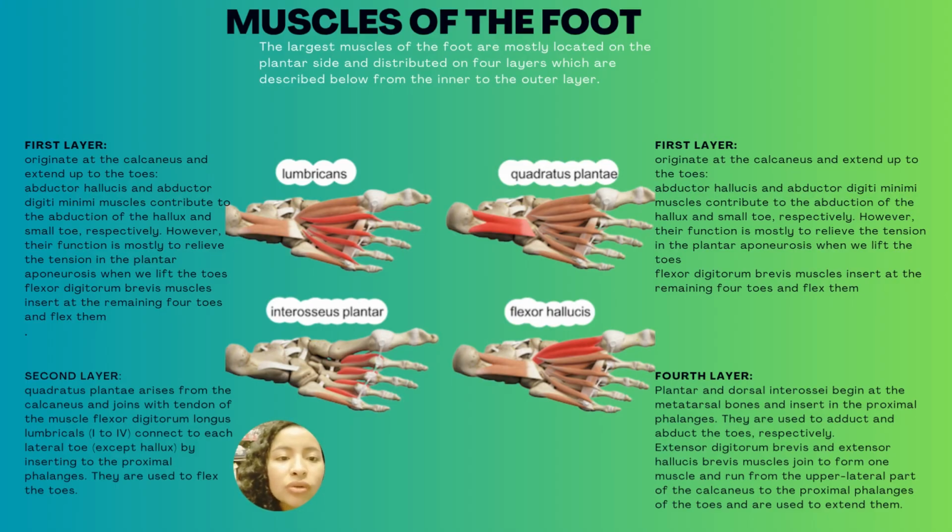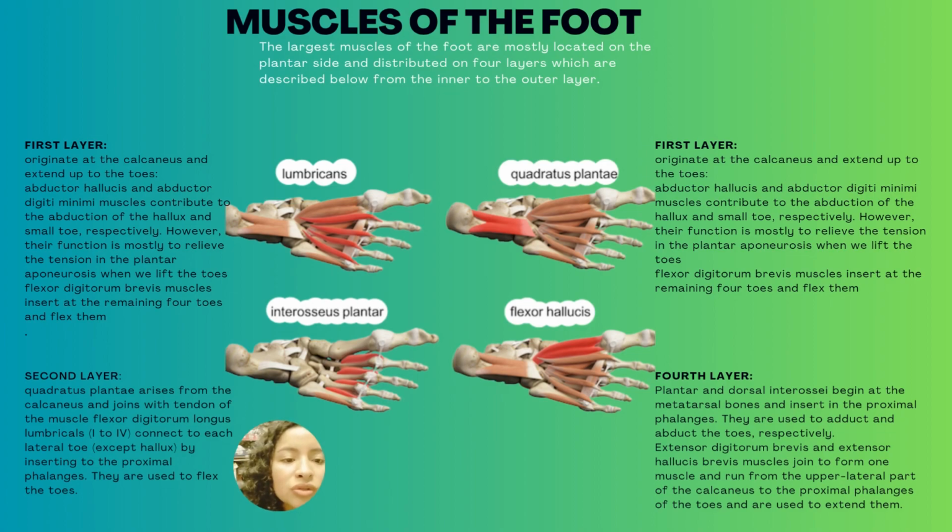Adductor hallucis originates in the second, third, and fourth metatarsal bones and connects to the proximal phalanx of the hallux.